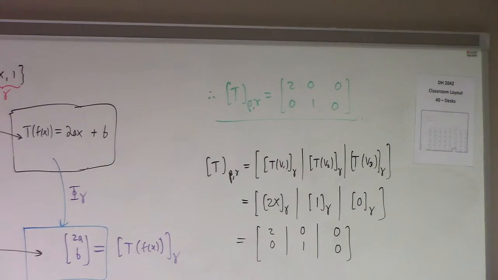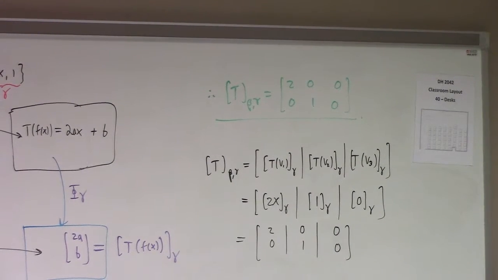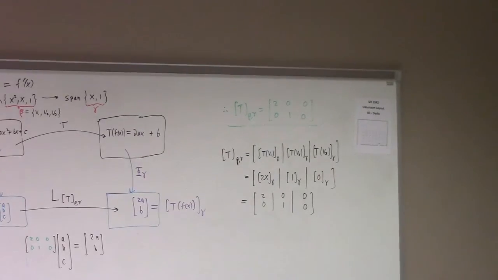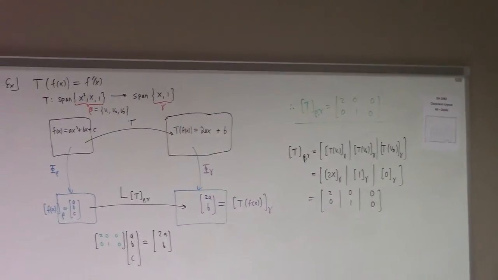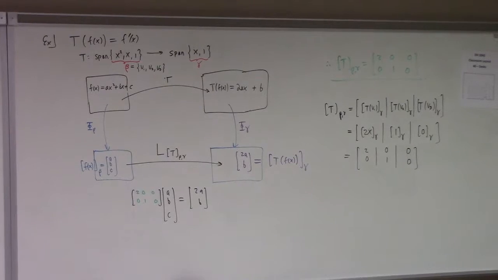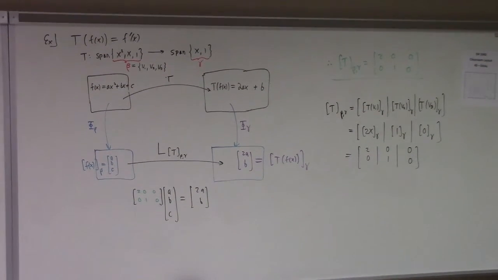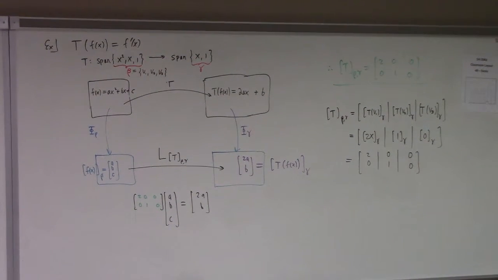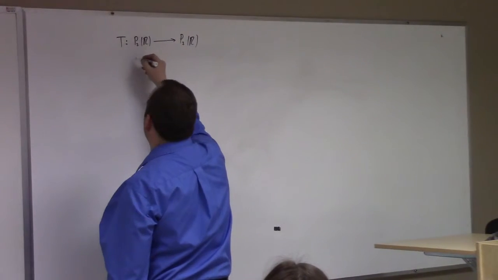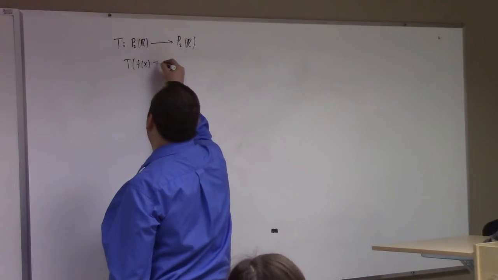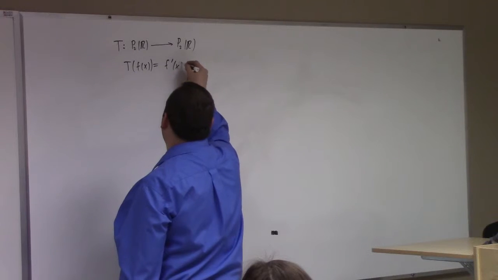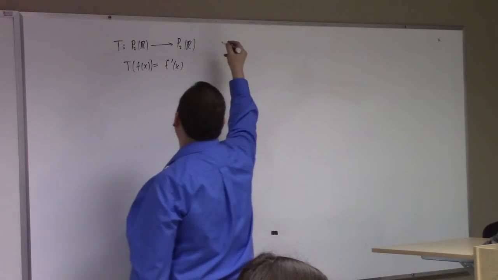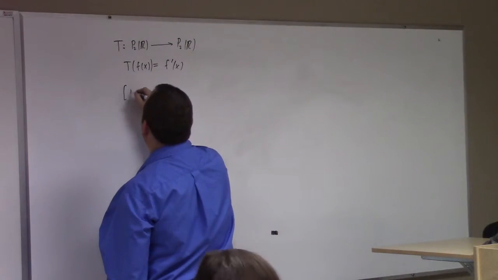I do like that second way also. Let me use the second way on the same problem. This time, let's suppose we're going from P2R to P2R. Again, T of f of x is equal to f prime of x. I want to calculate T beta beta.